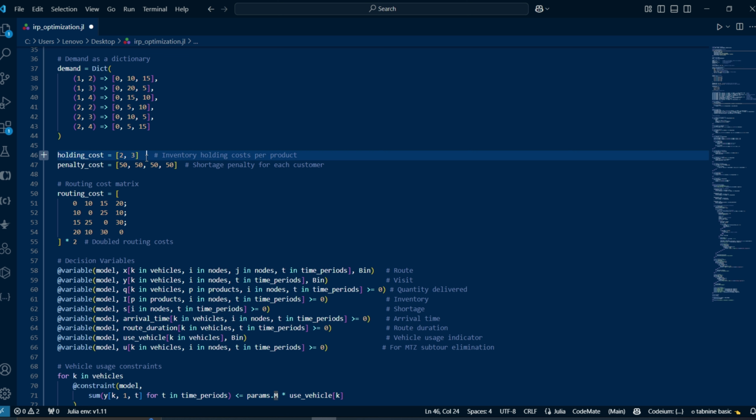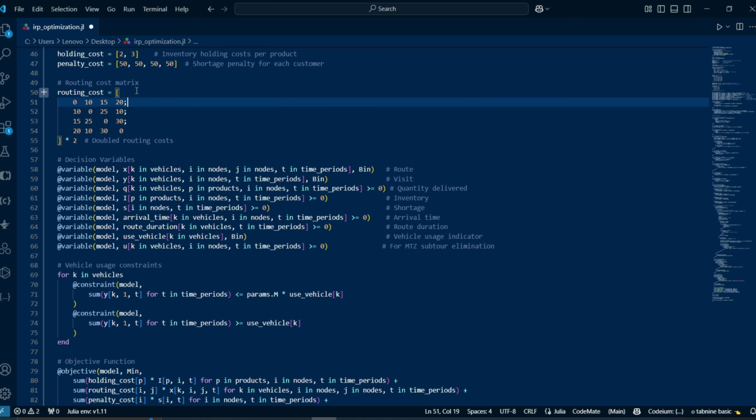Okay, here we define the cost parameters. Holding costs are set as 2 and 3 here, indicating the per unit cost of storing each product in inventory. Product 1 incurs a holding cost of 2, while product 2 incurs a cost of 3. Penalty costs for shortages are uniform across all customer nodes, set at 50, and these values impose a significant penalty if customer demand is not fully satisfied, encouraging the optimization model to prioritize deliveries.